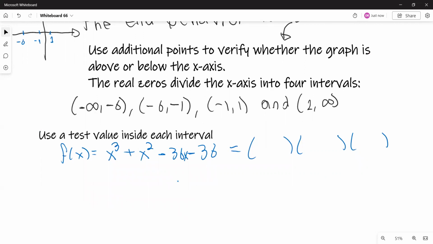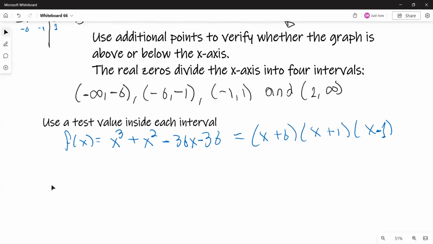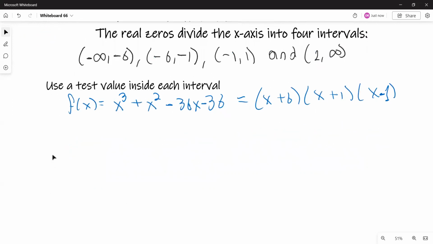And in factor form, that was x plus 6, x plus 1, and x minus 6. Okay, so we're going to evaluate the function inside each interval. We're going to make a table. We did something like this before when solving quadratic inequalities and rational inequalities.